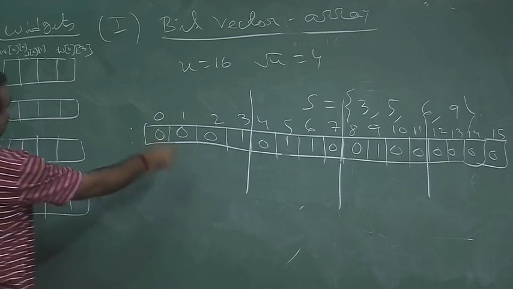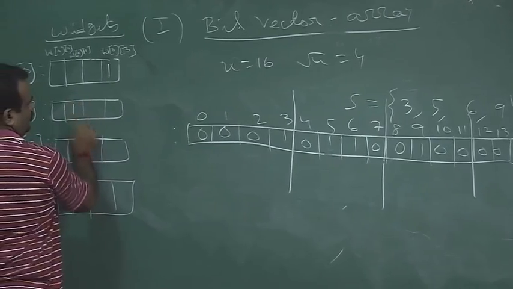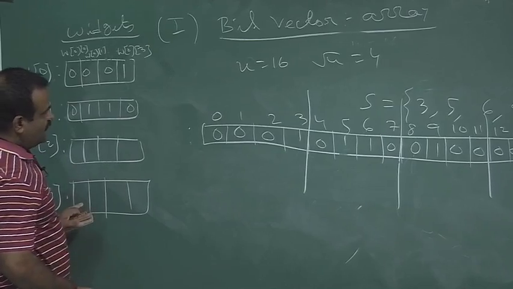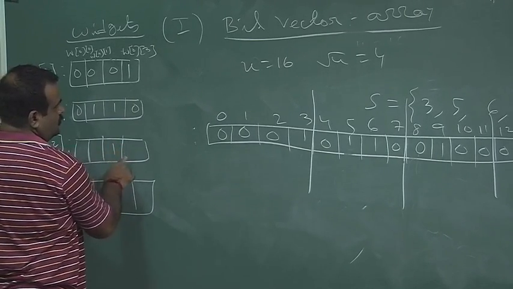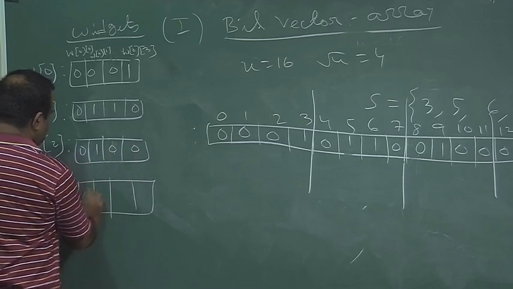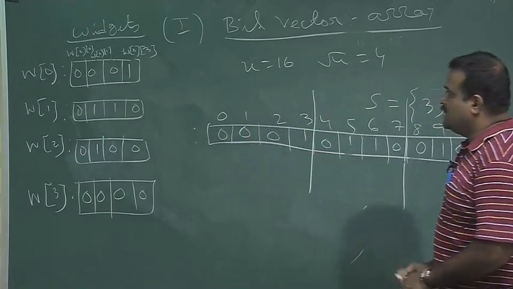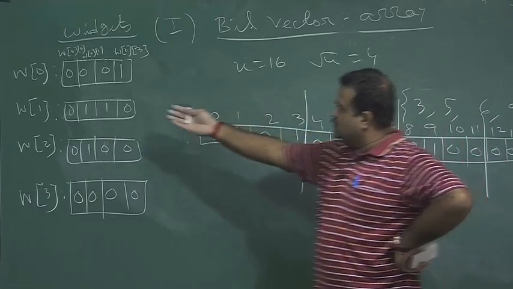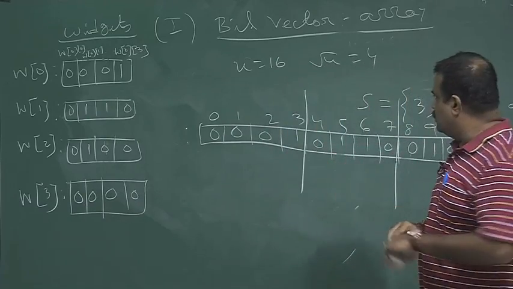The numbers: we have 3 over here, and we have 5 and 6, then 0, 0, 0, 0, and we have 9 over here. Sorry, 9 is here, then 0, 0, 0, and all the rest are 0. This is the way we represent it as blocks. Here root u is 4. How many blocks do we have? We have root u blocks, and each block size is root u.